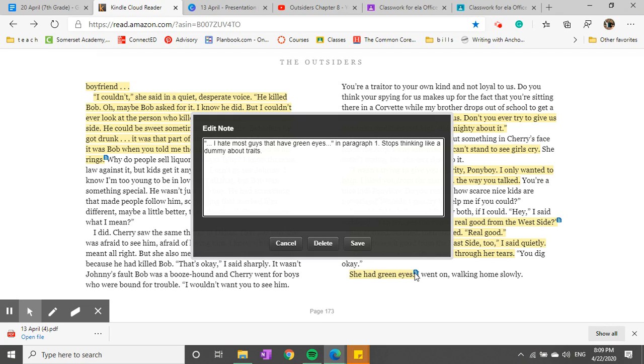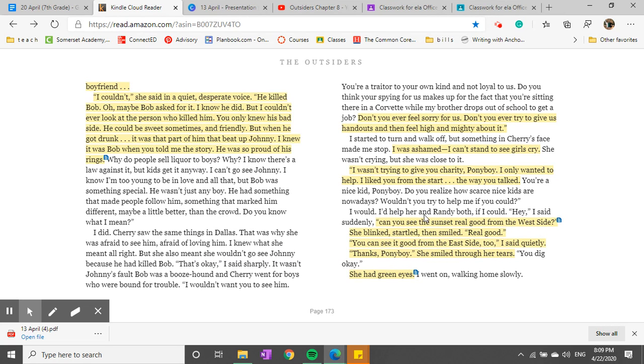And you as the reader are kind of like, okay, something must have happened where he just doesn't like people with green eyes. But you know he likes Cherry, not in a great way, but at the same time, it's this moment of he has a mutual relationship and respect with her, and he realizes that she has green eyes. So looking back, it's almost like you can't just view people for either greased hair or the color of their eyes. Look at where that could point to.